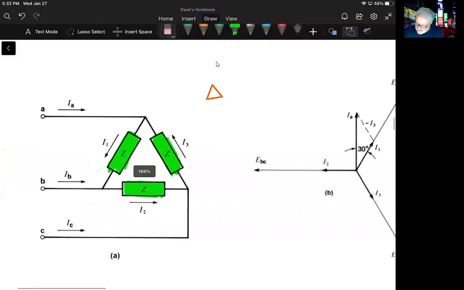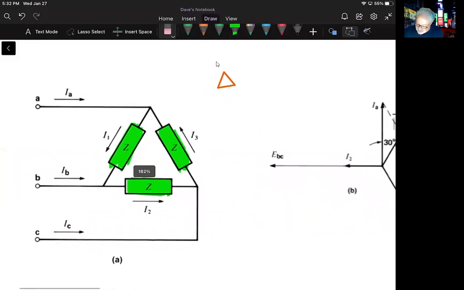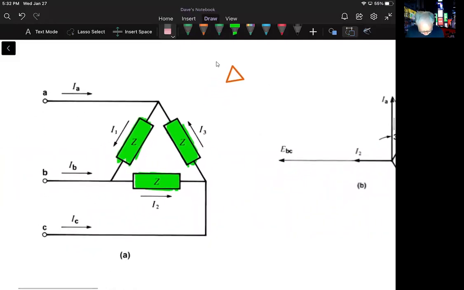As I look at this first figure here, I can think of Kirchhoff's current law, and I can pick a node, and say that the sum of the currents entering the node equals the sum of the currents exiting the node.